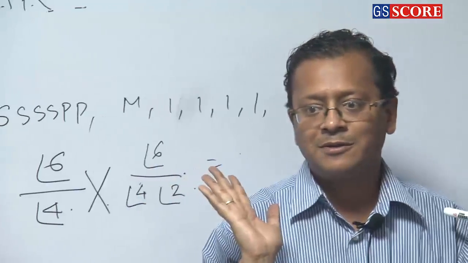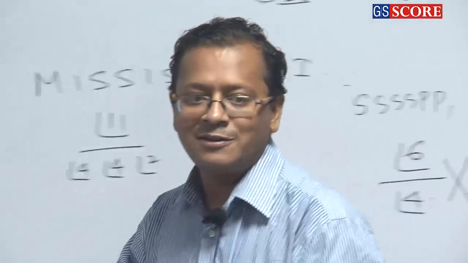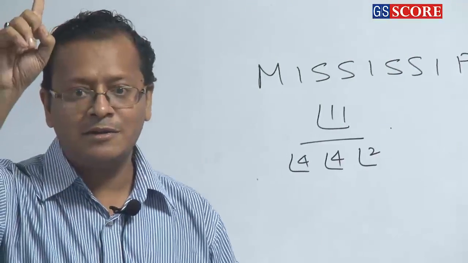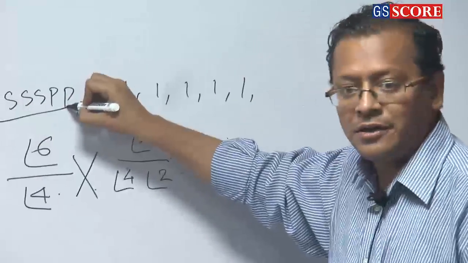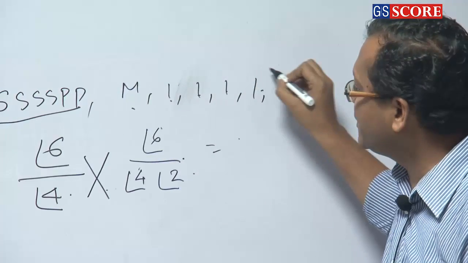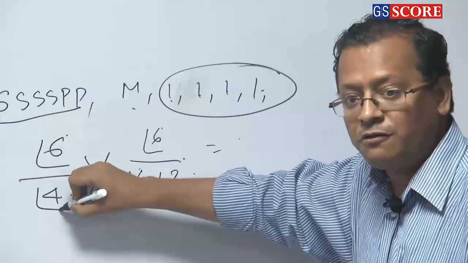I have told you S's and P's will always be together. Clear or not? So we will consider those 6 as one, which means one letter, 2, 3, 4, 5, 6, of which 4 are alike. So factorial 6 by factorial 4.